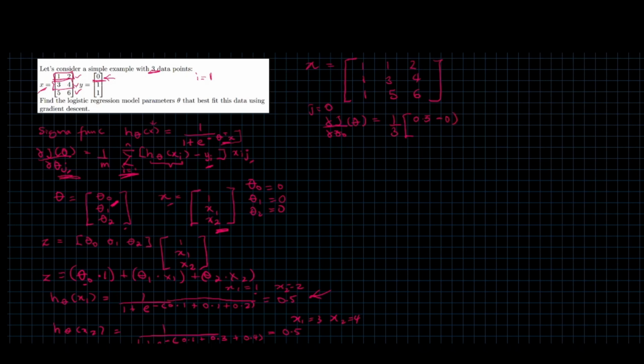So it will be minus 0 times, don't forget this one. In this case, i is 1 and j is 0. This simply says look into row 1, column 0. So 1 times 1 plus 0.5 minus 1.